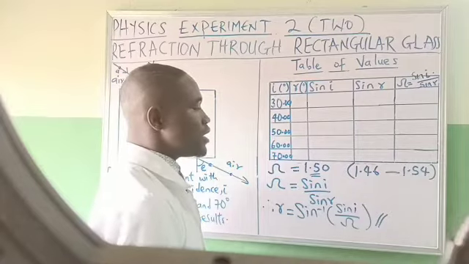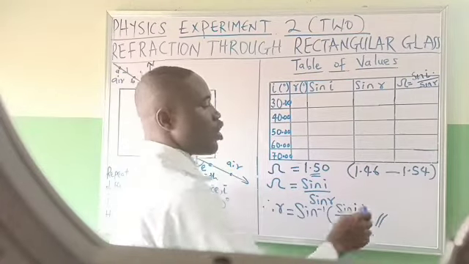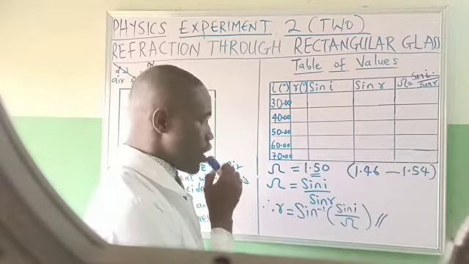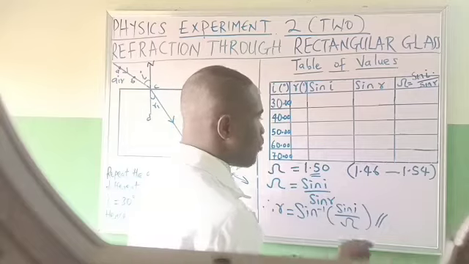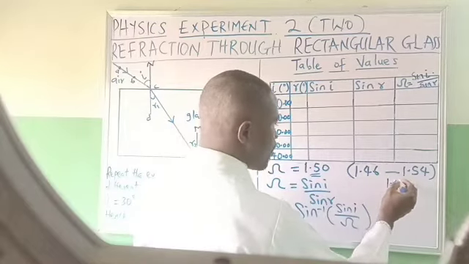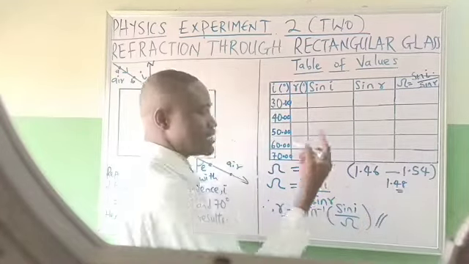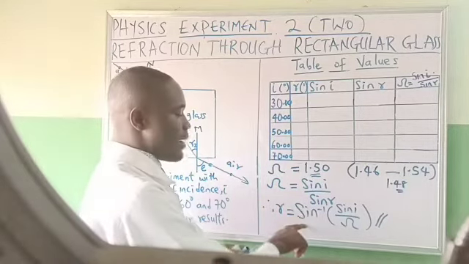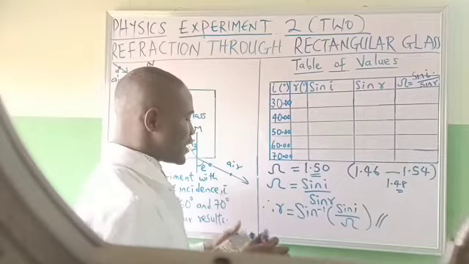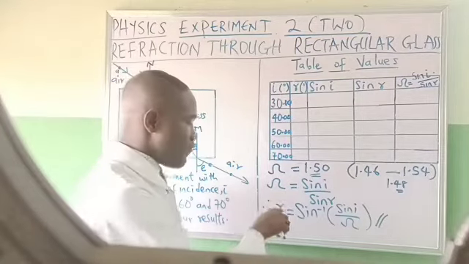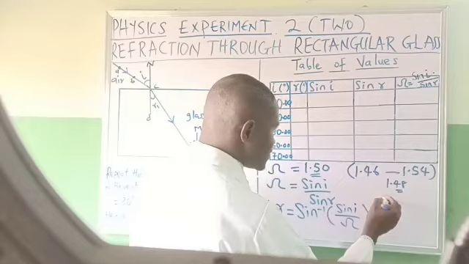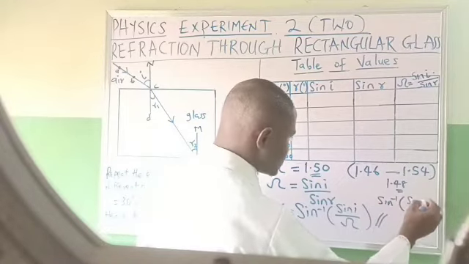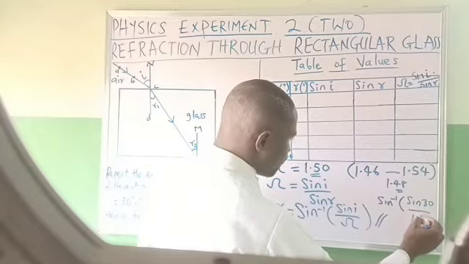Now that means I have to pick one of these refractive indices. You can pick any one you want, but I will pick 1.48. Picking 1.48, I put it here. I will now say that my first value of r will be sine inverse of (sine 30 over 1.48).